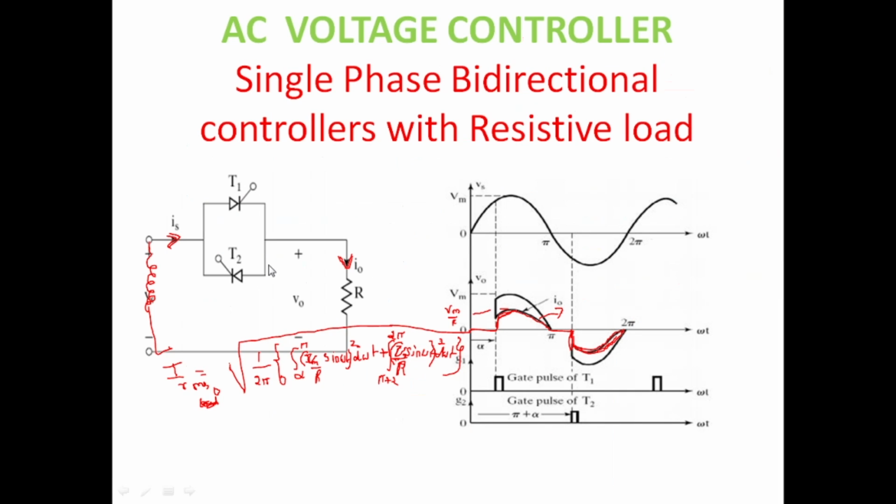So if you plot only this current, average current of the thyristor IA, it looks like I can show you here. Average current flowing is only this much.